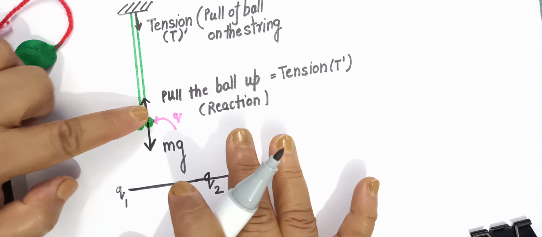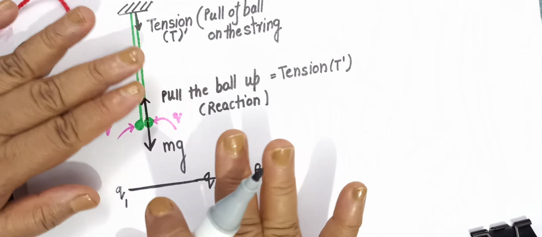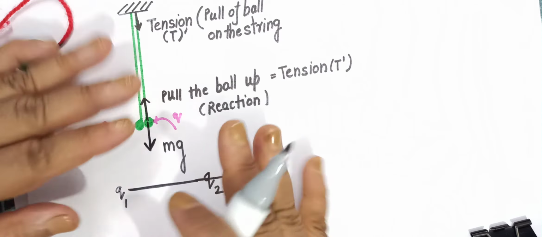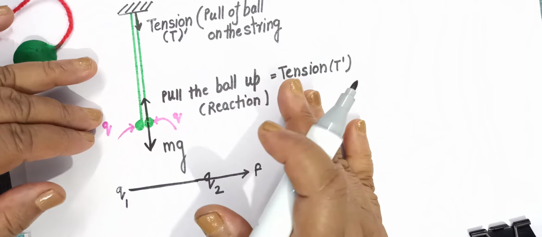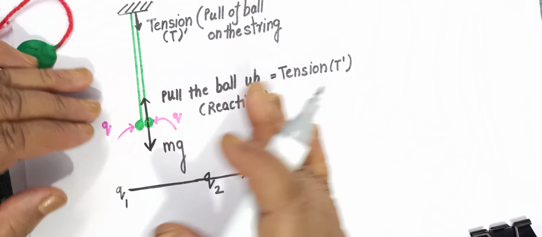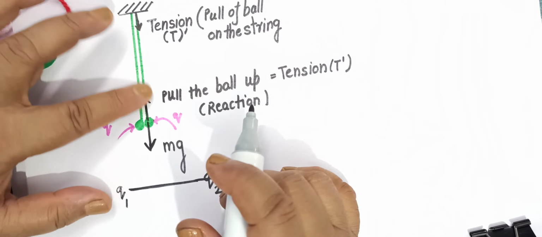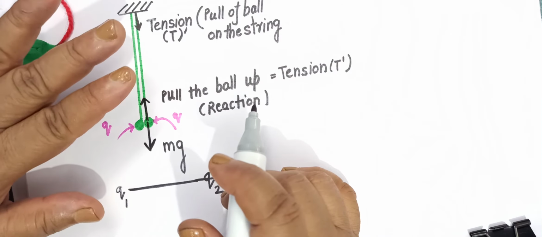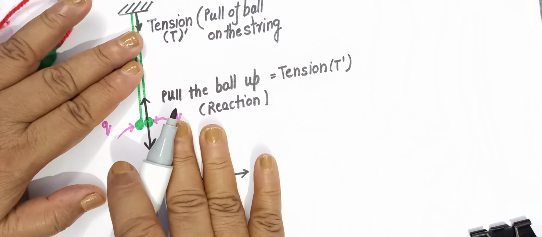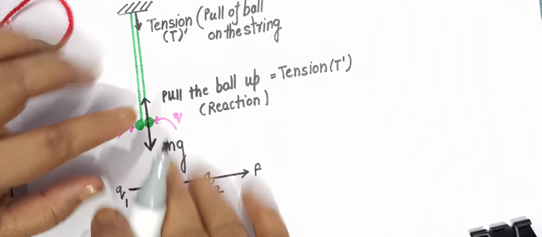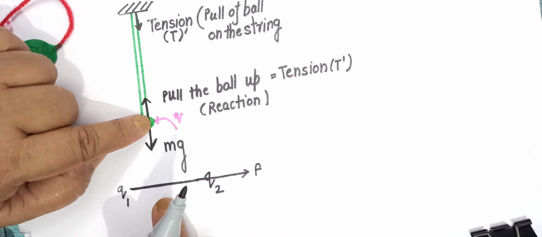Now these two bobs cannot stay together, so they start moving away, and as they start moving away, the string's orientation is no more vertical. In the situation when the string is vertical, just look at the ball only.